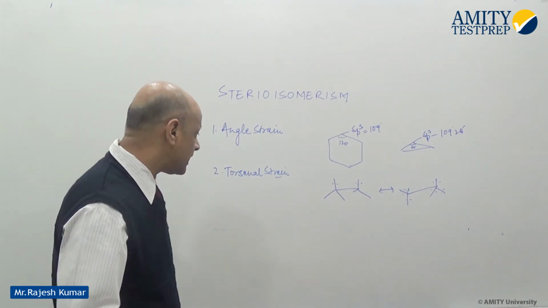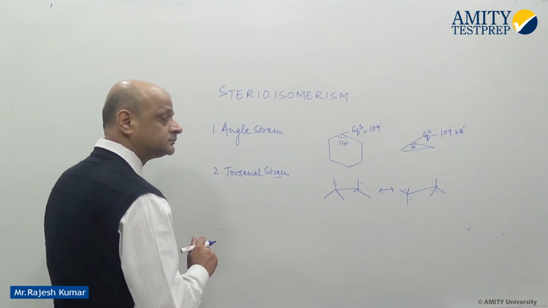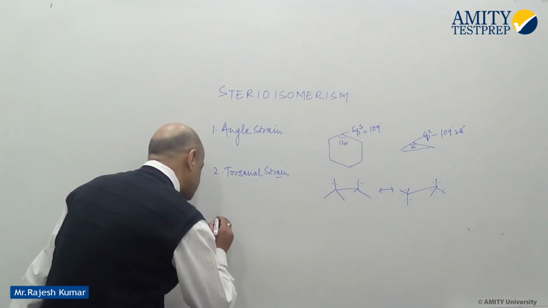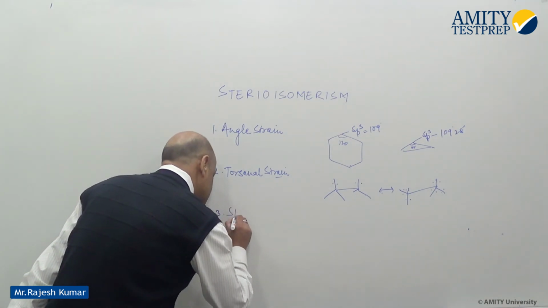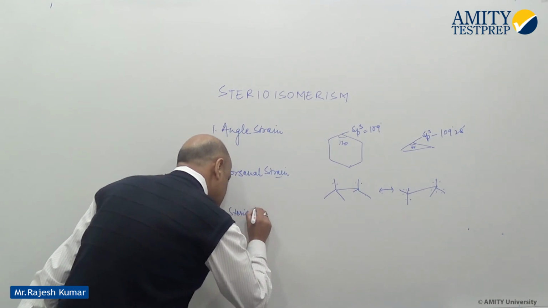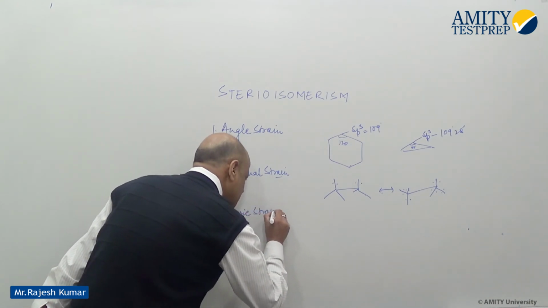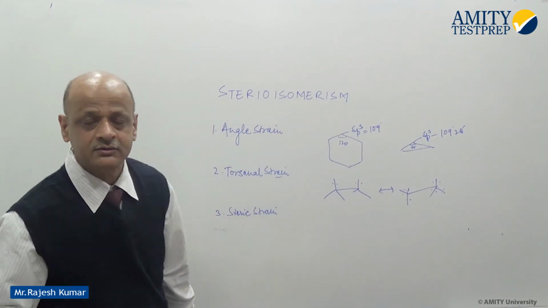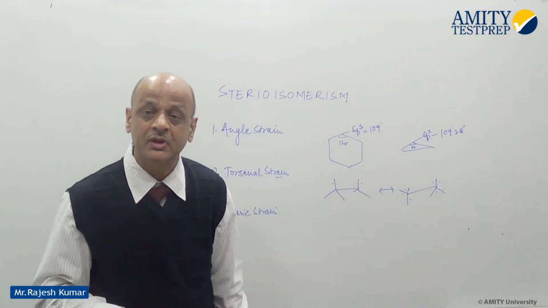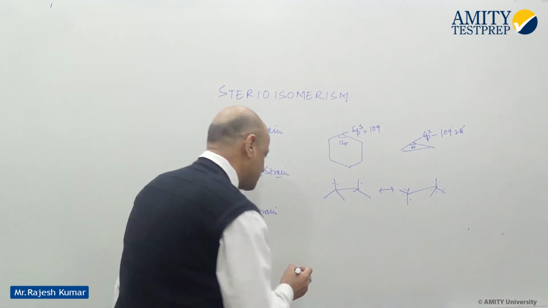Okay, and another strain is steric strain. The strain is caused due to the repulsive interaction between groups or atoms. Take the example here.